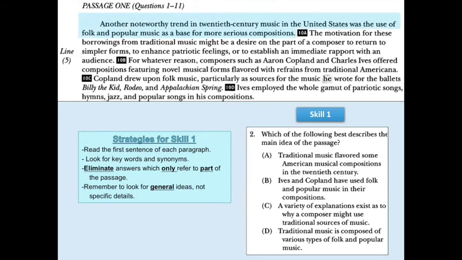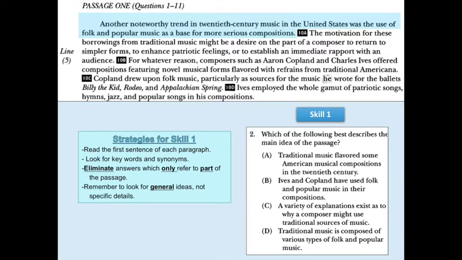So for this question, we're once again going to look at the first sentence that we just read. Now let's look at the answers. B and C are not in the first sentence at all. D focuses on traditional music, but our first sentence is not focused on traditional music.